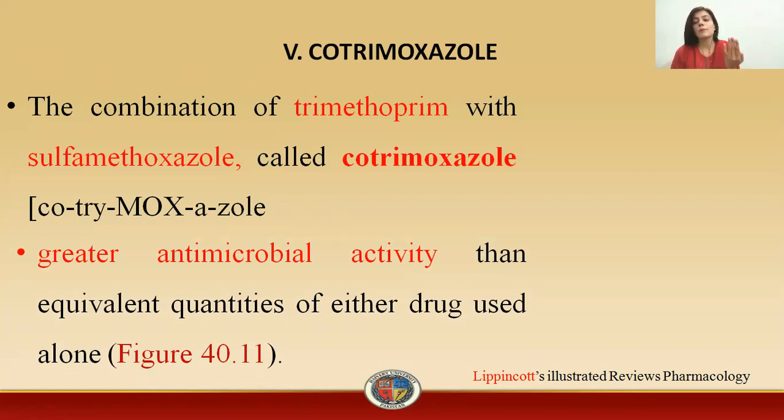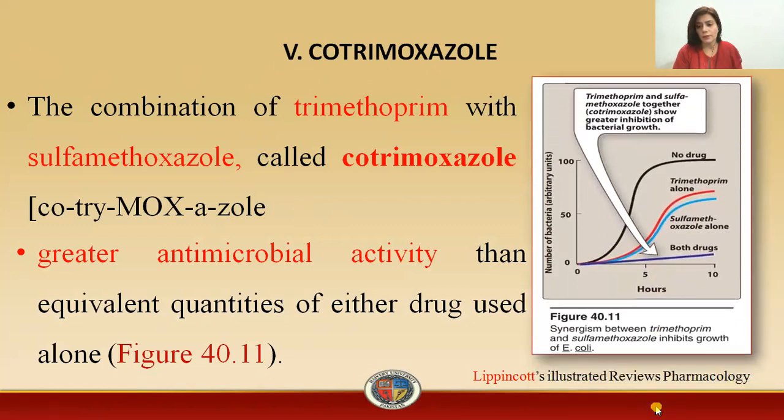So this can be shown in the figure. When you are giving no drug to the patient who is suffering from a bacterial infection, there will be an increased count of the bacteria, or the infection. When you are giving trimethoprim alone, then there is a reduction in the bacterial load as compared to the situation when you were giving no drug.